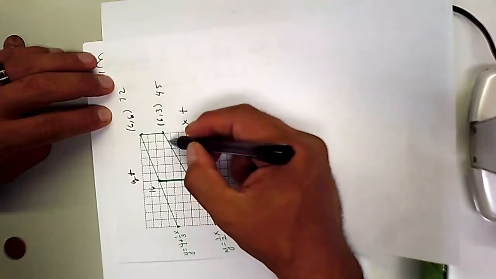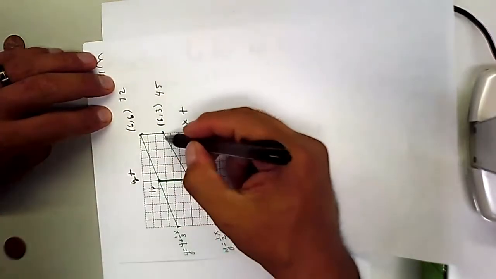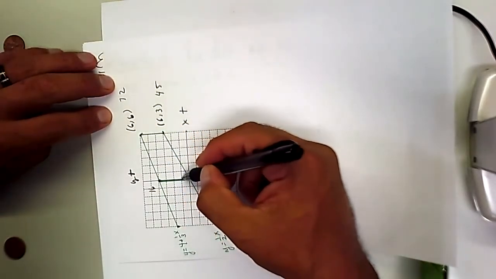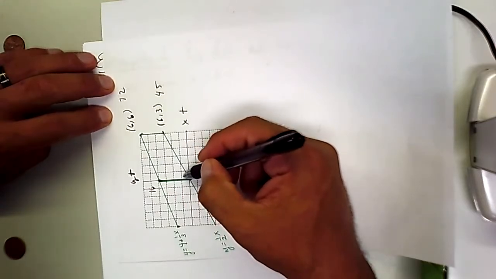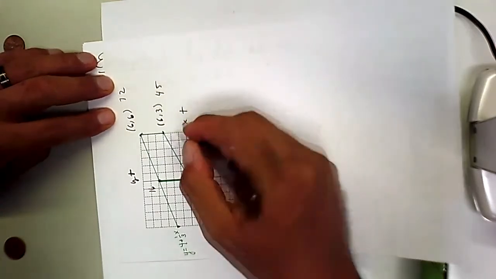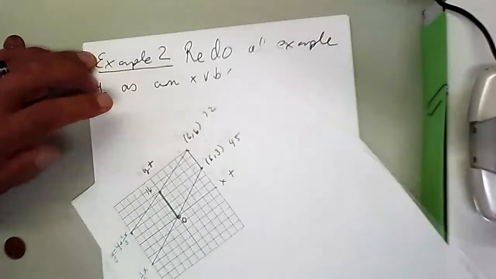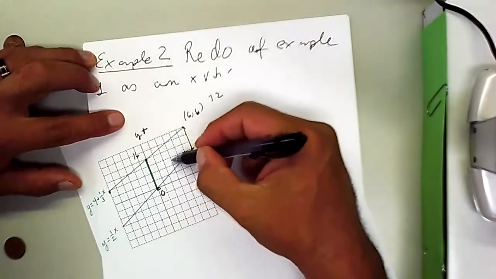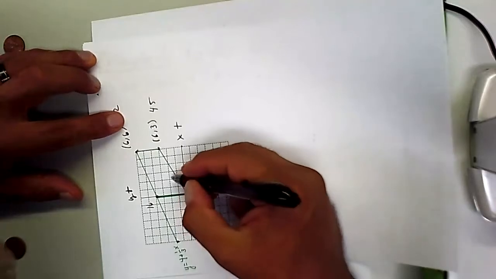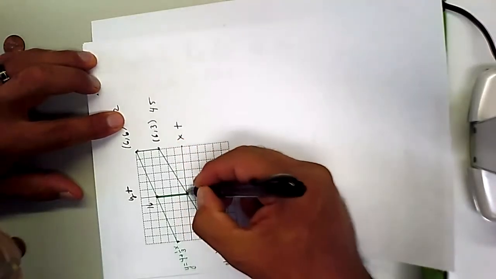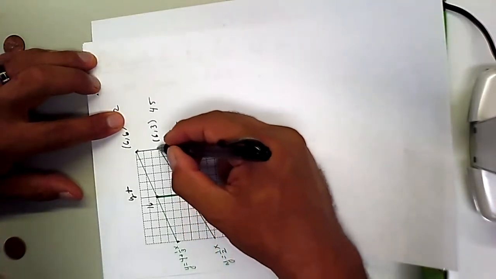So from this perspective, we were integrating with a variable y. Now we want to integrate with a variable x. So the x varies from here to this point.